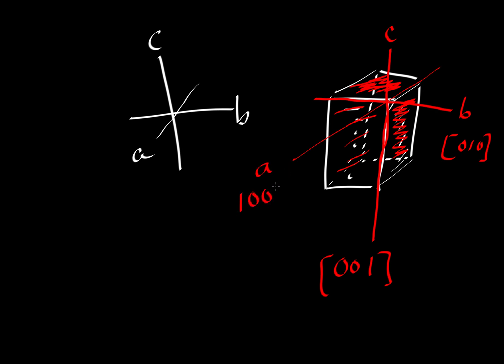And we might write that as [100] in square brackets. So anytime we have two faces that intersect, things like A, B, and C can be defined based on those face intercepts. So let's take a look at how we might define a zone if we know two faces, if we know their Miller indices.